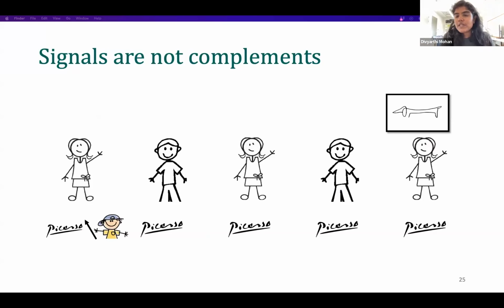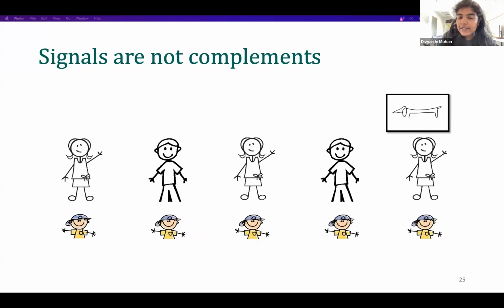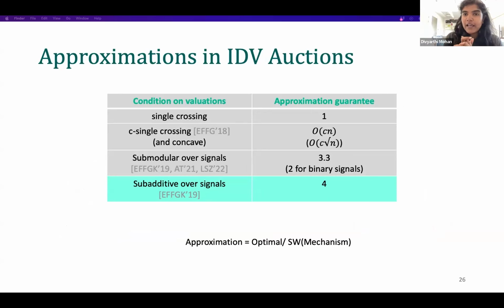Maybe it's a bit higher, but it's not going to be that much higher. But if everybody else has only been telling me that this is a kid's drawing, and Kira comes and says, hey, actually, this is a Picasso, then my change in value is going to be way higher. And this is what submodularity is capturing, and also subadditivity is capturing, because the signals are not complements of each other.